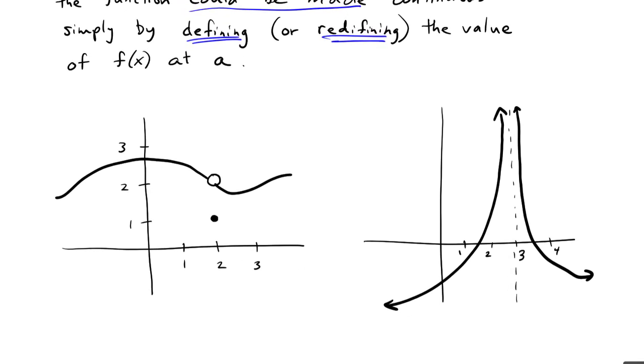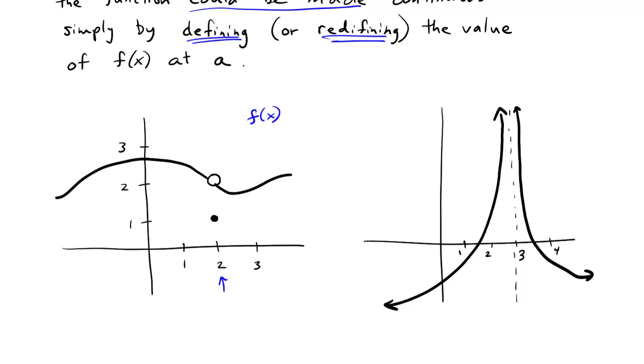So let's look at it through some graphs here. In this first example, let's call this f of x. f of x obviously has a discontinuity at 2. So the idea is, I want to ask myself if I could basically define the function or redefine it, so either create a point or move a point, one point. Could you make it continuous?